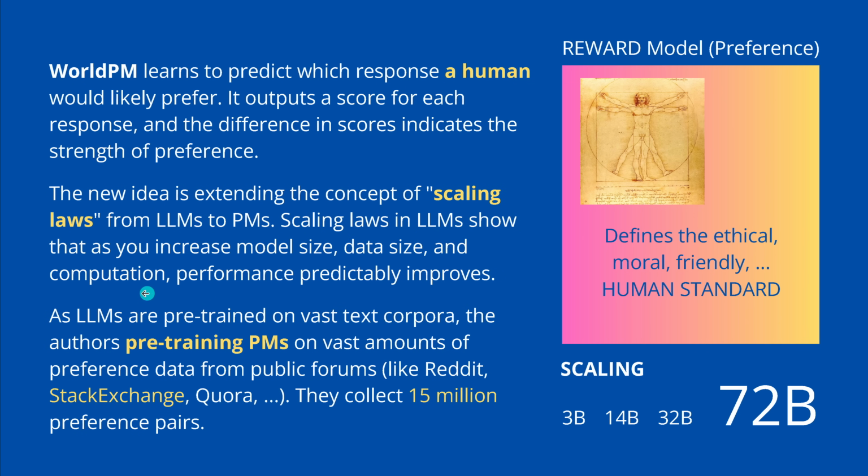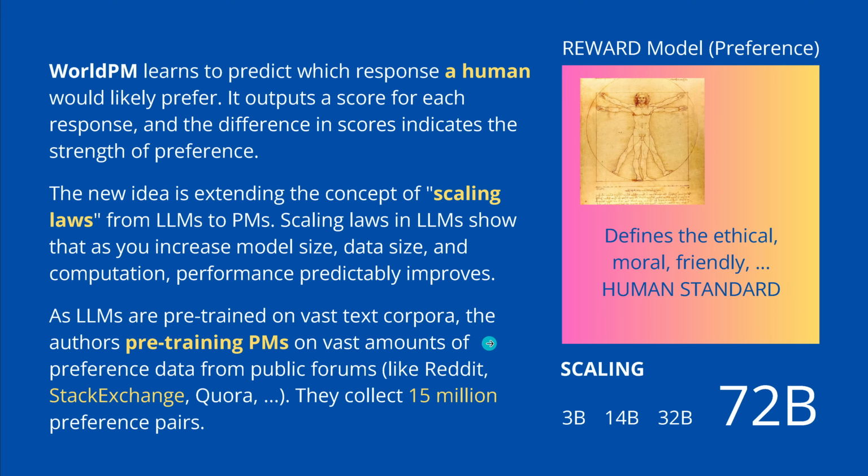They also said, all LLMs are pre-trained on vast text corpora, and now we did the same. The authors also pre-trained the reward model, the PMs, on a vast amount of preference data from public forums. Because how do you want to define the modern man, the modern human, the modern female approach? What is it? Moral, friendly, ethical, true, honest?